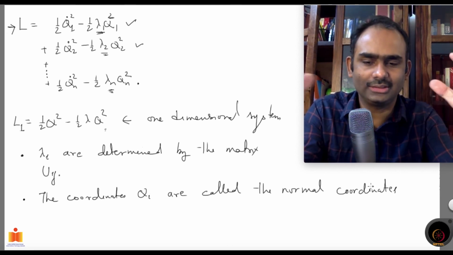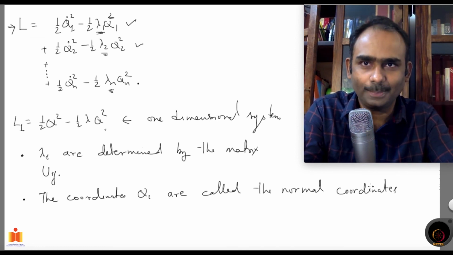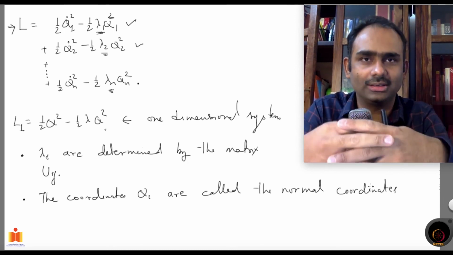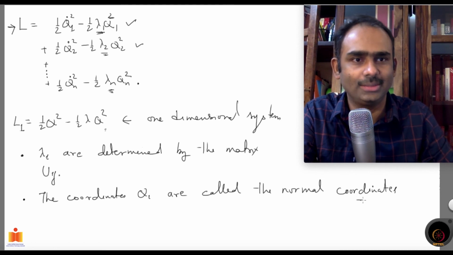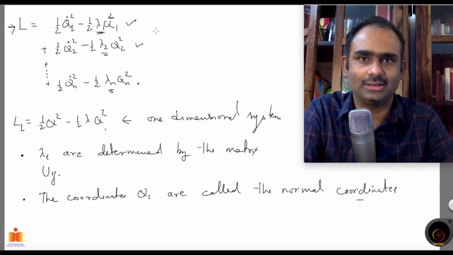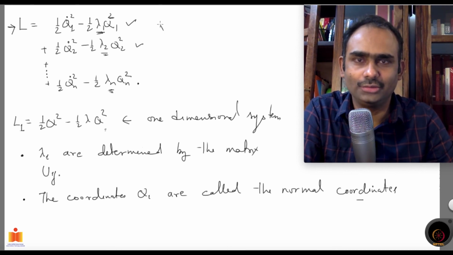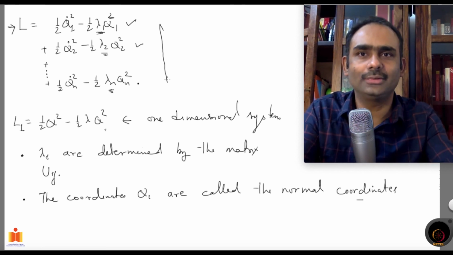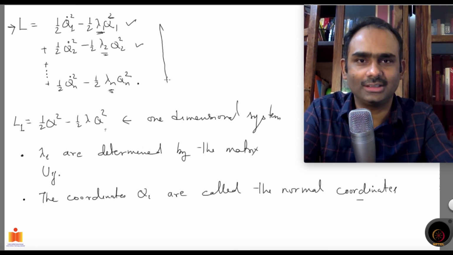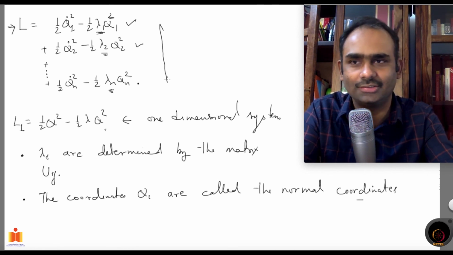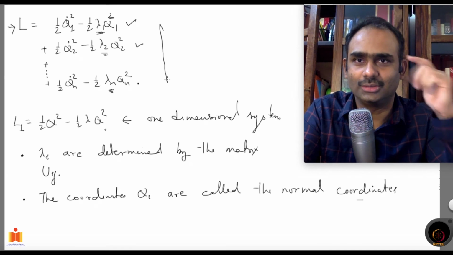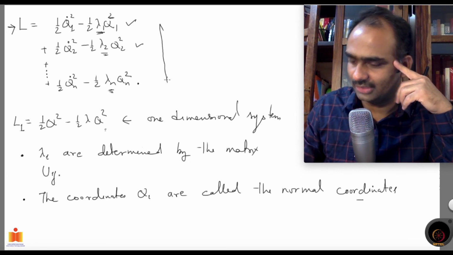Now let's say you are given two different systems, and you choose some normal coordinates, which I have just now mentioned here, and put the Lagrangians of both these two systems in this form, in this manner. Now if you do so, what will be different between these two systems? It will be just the lambda i's, right? So it is just the matrix U which is going to differentiate between one system and the other one. Okay, so we need to know a little more about these lambdas.